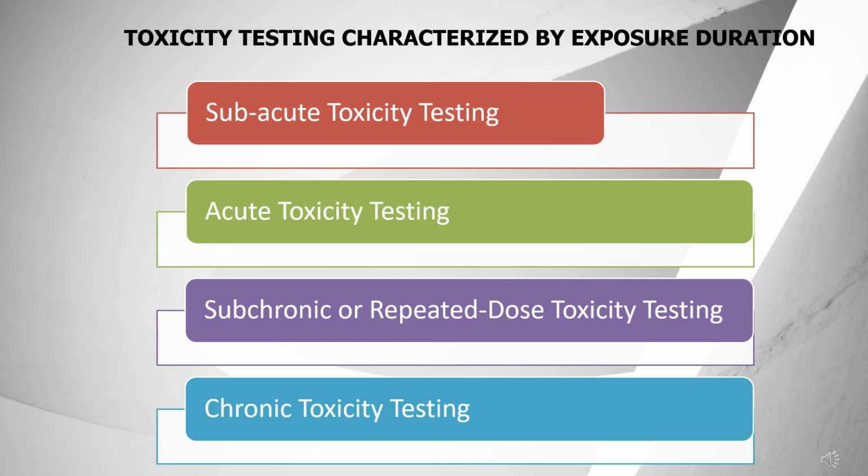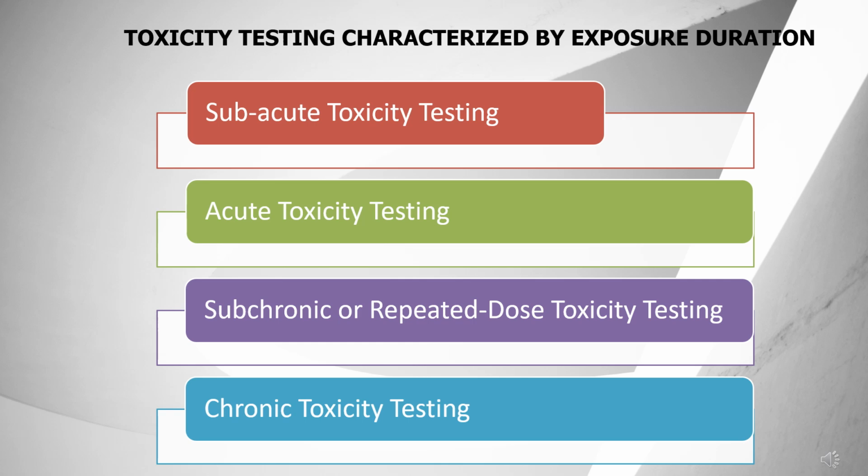Chronic toxicity study: the objective of this type of study is to characterize the profile of a substance or chemical in mammalian species, normally rodents again.